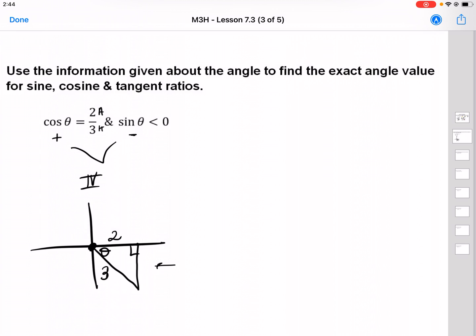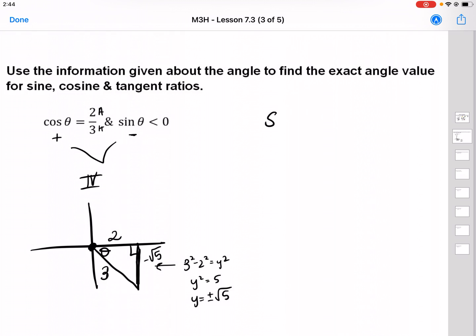Then I'm going to use my Pythagorean theorem. So 3 squared minus 2 squared is going to equal our y squared. That's 9 minus 4, so y squared equals 5. So y equals plus or minus square root of 5. Since we're going down below the x-axis, we're going to use the negative.